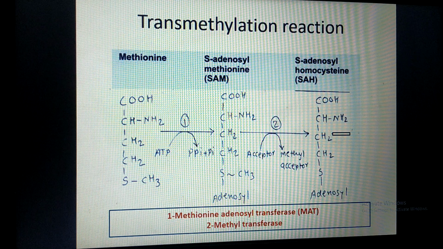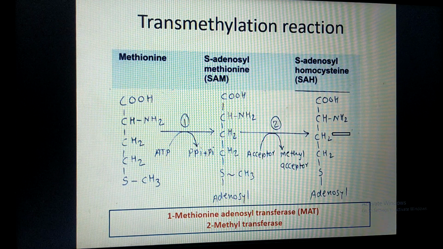So in the next reaction, a methyl acceptor accepts the methyl and gets converted to a methylated product. Due to removal of the methyl group from S-adenosyl methionine, SAM, S-adenosyl homocysteine is formed.